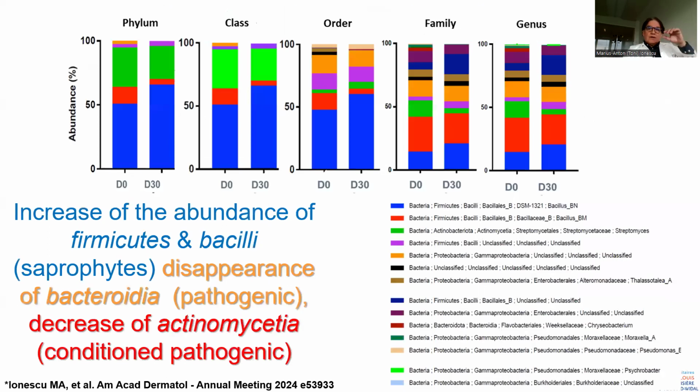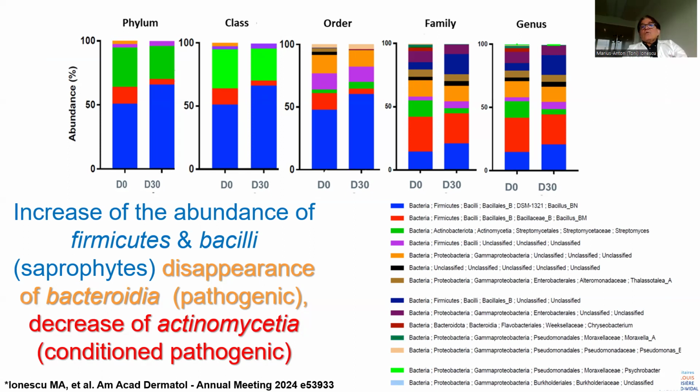So you can see here, we don't have the time, but we went from phylum to class, to order, to family, and to genus, and we saw the increase of the saprophytes, firmicutes, and bacilli, and the disappearance of bacteroidea, which are pathogenic, and the decrease of conditionally pathogenic actinomycetia.